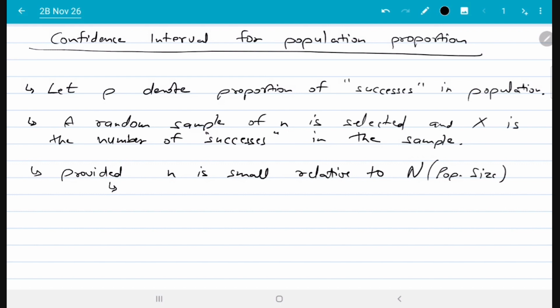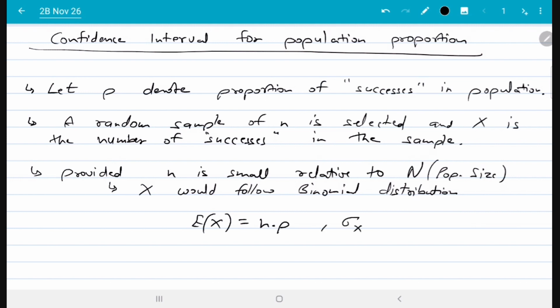What would be the distribution of this random variable x? Binomial, with expected value equal to n into p and standard deviation square root of n into p into 1 minus p.